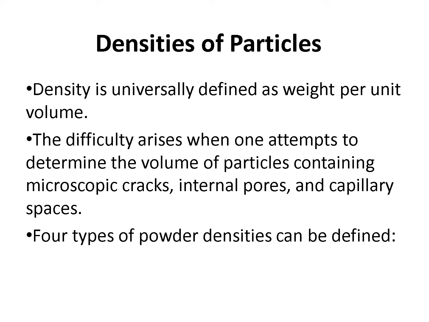The V bulk, which is the total volume of the solid, and intra voids, الvoids يعني الشقوق الفجوات, the cracks الداخلية الموجودة جوا البارتيكلز, and the inter voids الفراغات الموجودة بين البارتيكلز.